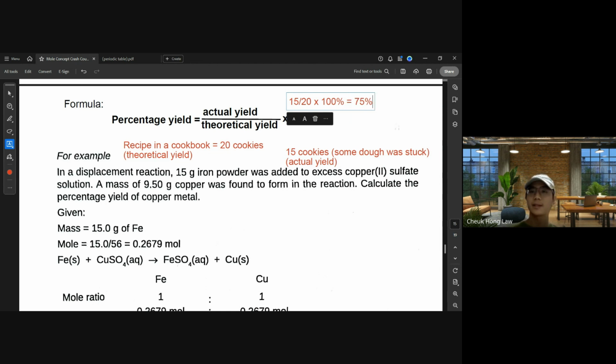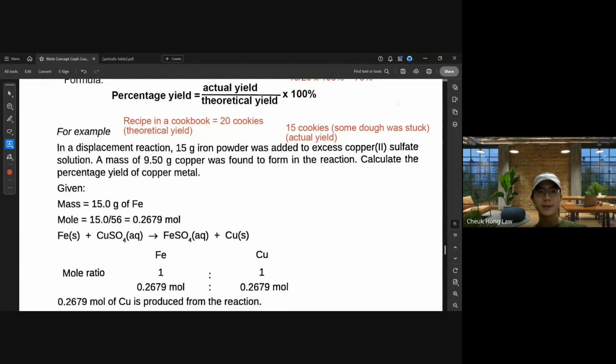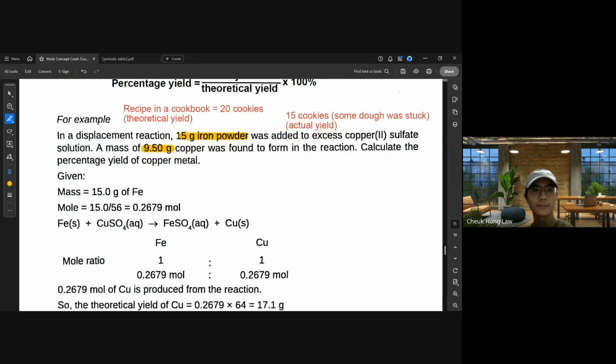Okay, so the percentage yield of the cookies is 75%. Right. For example, in a displacement reaction, 15 grams of iron powder was added to excess copper 2 sulfate solution. Okay, a mass of 9.50 grams of copper was found to form in the reaction. Calculate the percentage yield of copper metal.